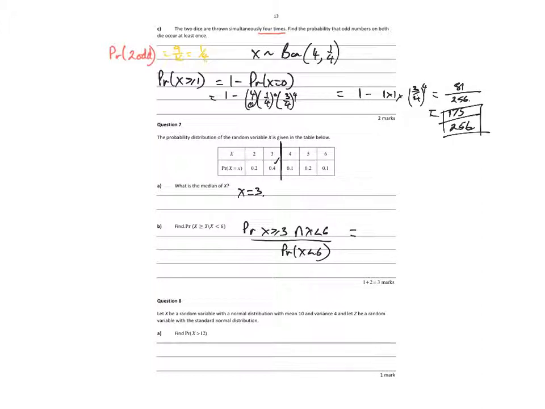Greater than or equal to 3 and less than 6 means it's got to be a 3, a 4, or a 5, over the probability that x is less than 6. So a 3, 4, or 5 is 0.4, 0.1, 0.2, which is 0.7. Less than 6 is 1 minus the probability of 6, which is 0.9. So therefore it's 7/9. All right.